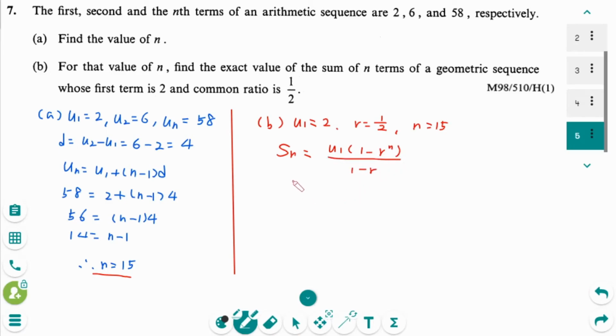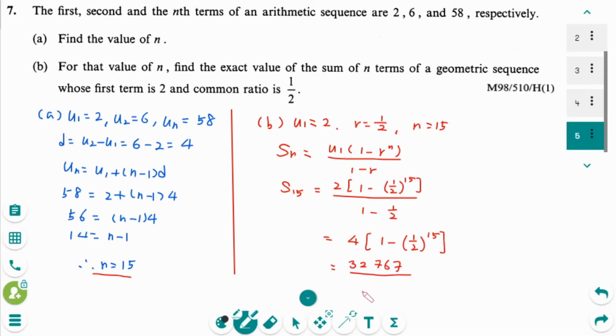So S15 equals 2 times 1 minus 1 over 2 to the power of 15 over 1 minus 1 over 2 equals 4 times 1 minus 1 over 2 to the power of 15 equals 32,767 over 8,192.